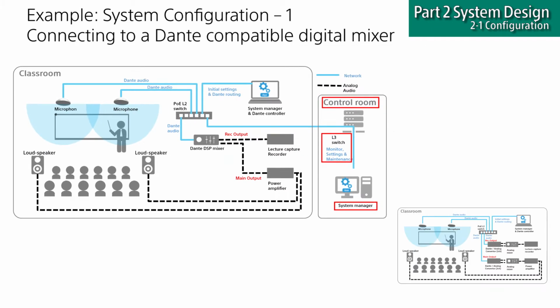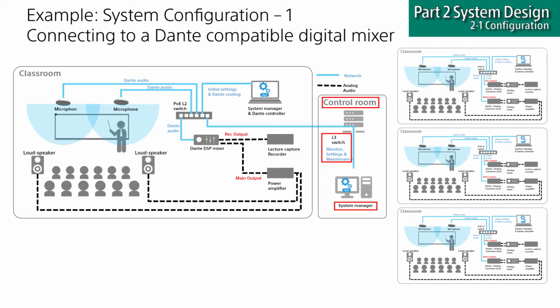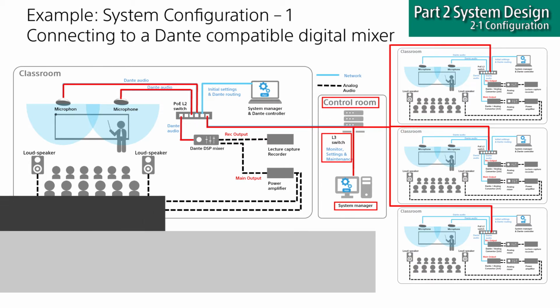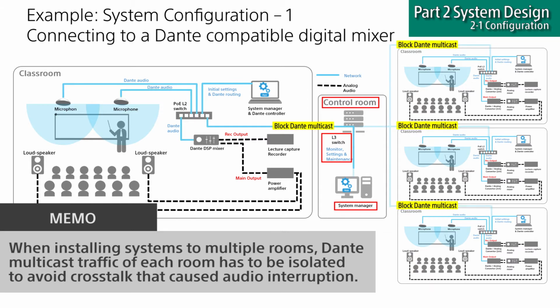When you install beamforming microphone system to multiple classrooms and connect each room to campus network, for example, design the multicast traffic to be isolated in each classroom and block unknown multicast from other rooms to avoid the crosstalk of Dante network that causes audio signal interruption.